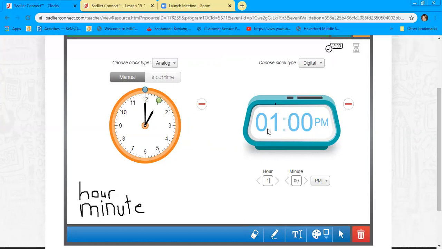So 1 o'clock shows me 0 minutes. Now that we know that we can say 1 o'clock and we can write it digitally by using the number 1, our colon, which is 2 dots, and 0, 0, let's take a look at our math book today.